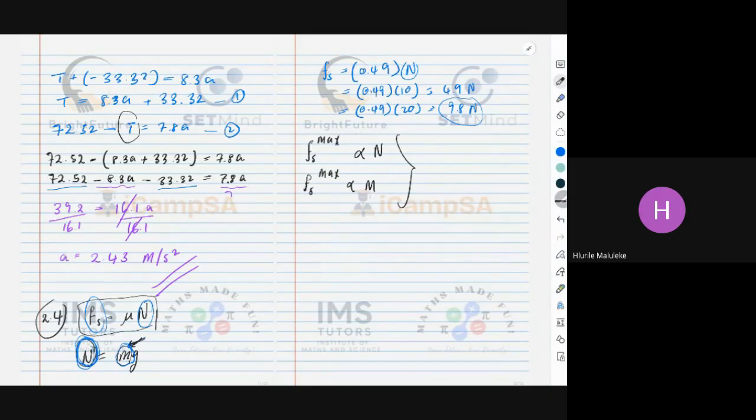But let me make an example. Let's say we have F net equals MA. So divide by M on both sides, then you have A equals F net over M. In this case, for the acceleration, if I increase this mass, it's more like you have one apple and you have to distribute it among 5 people.